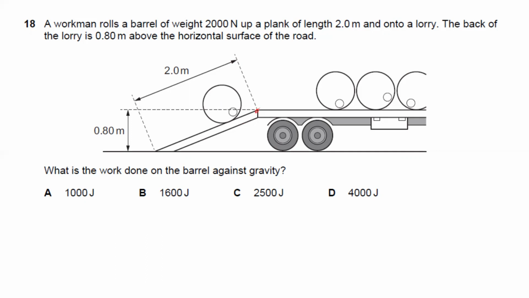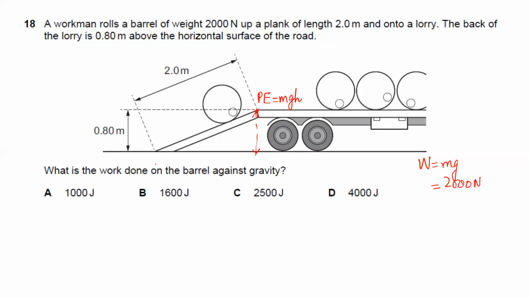So basically, the work done is stored in the form of energy. So the potential energy at this point is given as mgh. Mass into gravity, or the weight of the barrel, is given to us. So W equals mg. This is given to us as 2000 newtons.